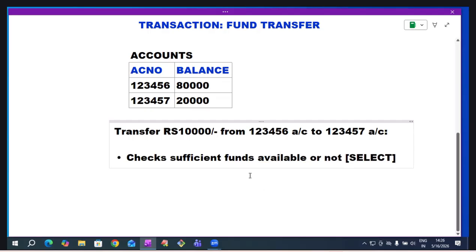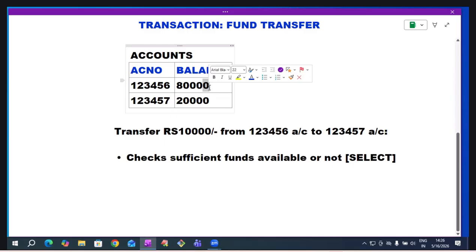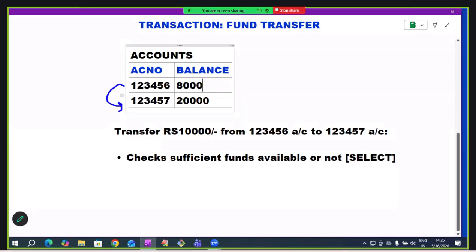Understand this point? For example, account balance is 8,000, and I am trying to transfer 10,000. Now the bank has to restrict us. Otherwise, the bank loses the amount.